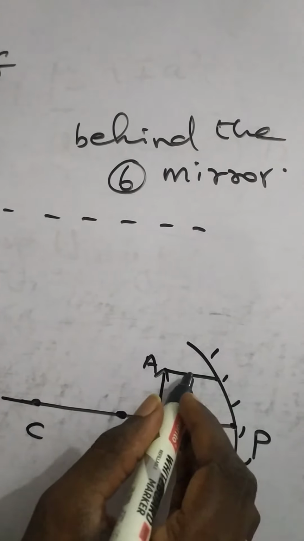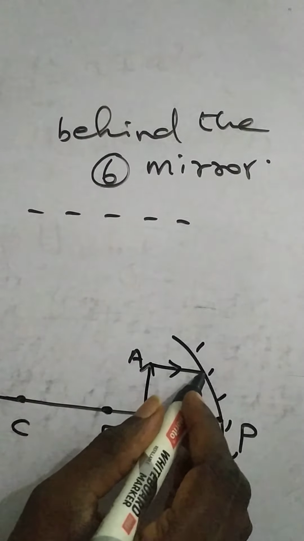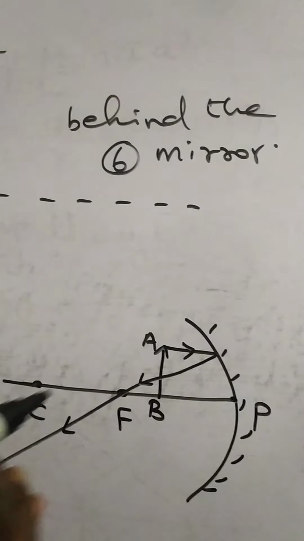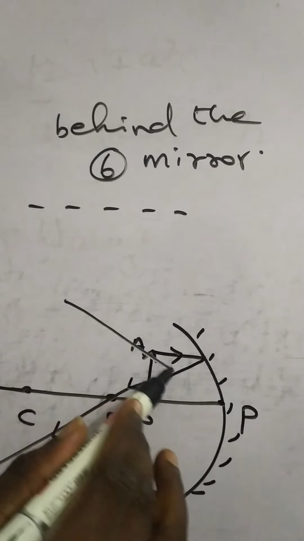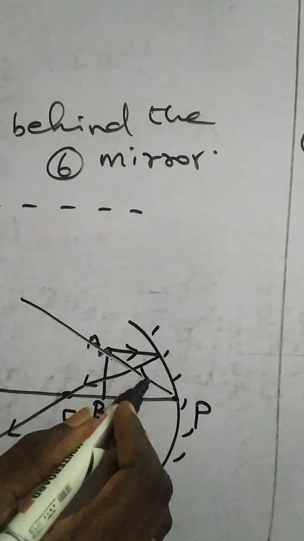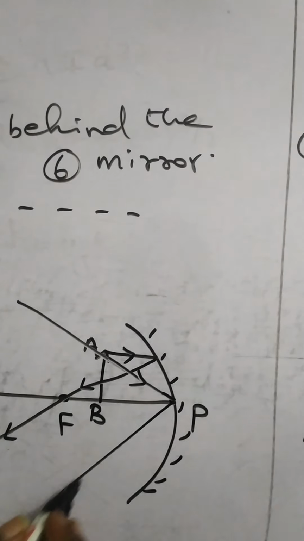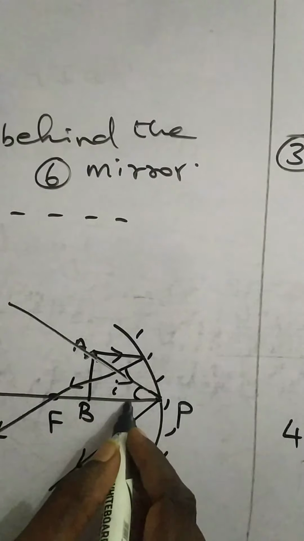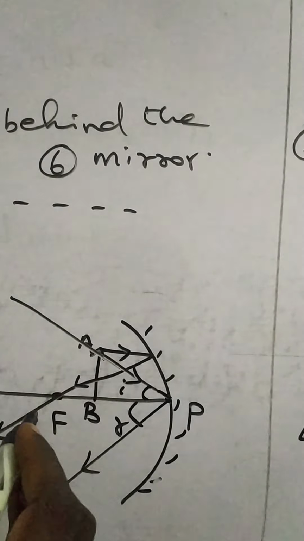Rays passing parallel to the principal axis, after the reflection, pass through the focus. A ray incident at the pole of the mirror at a certain angle, what happened after the reflection? It is reflected at the same angle. Angle of incidence and angle of reflection are equal.